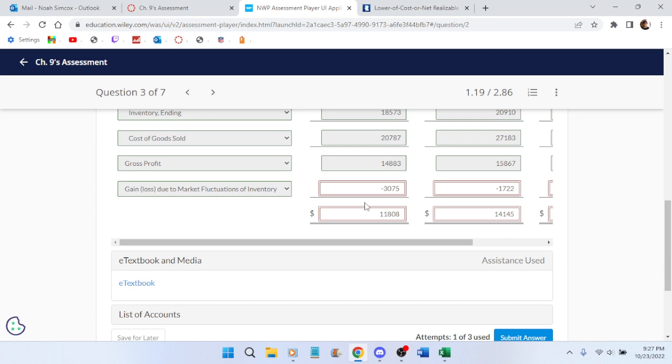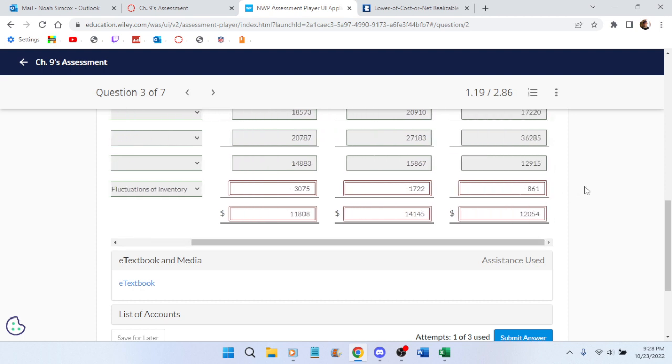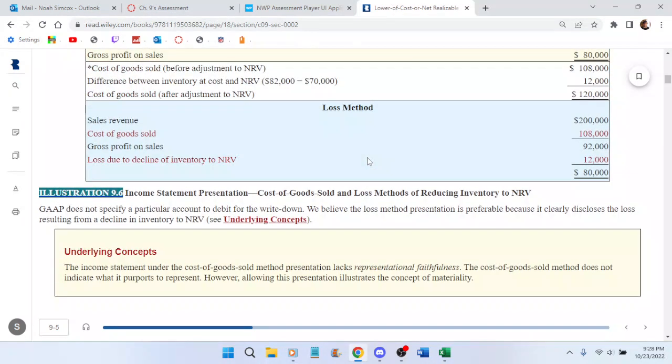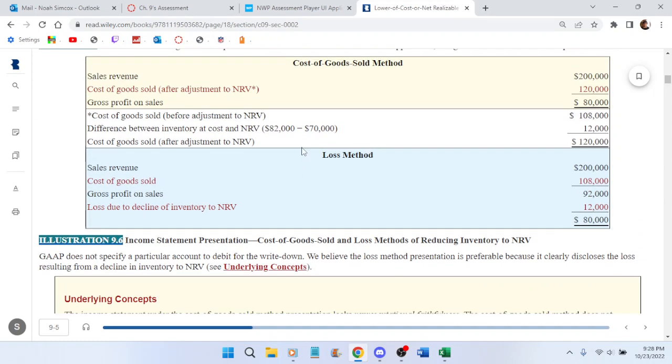This is not wrong. This number is not wrong. Hello? What the heck? This is stupid. How is this not right? I'm following this right here. This is what I'm using.